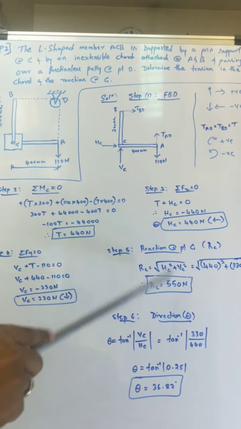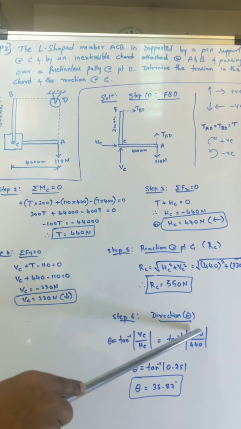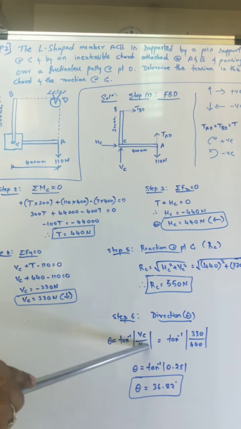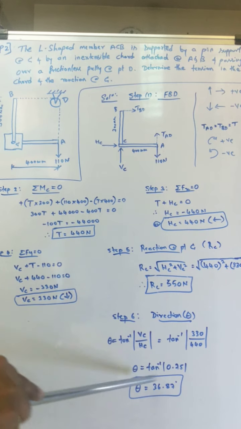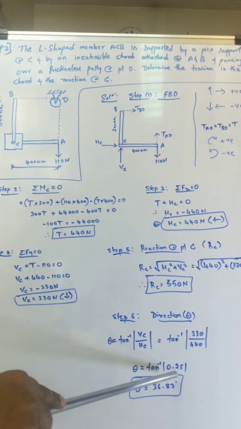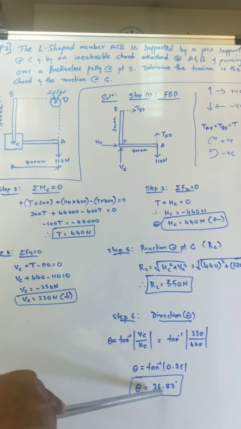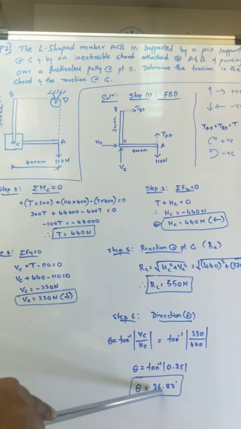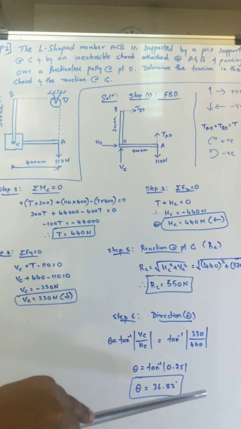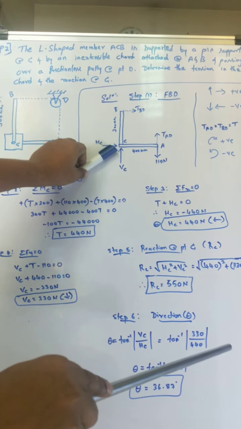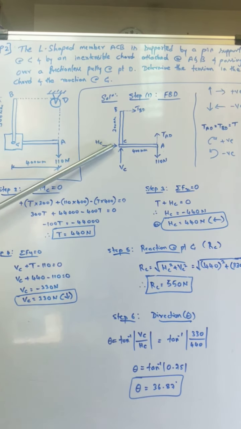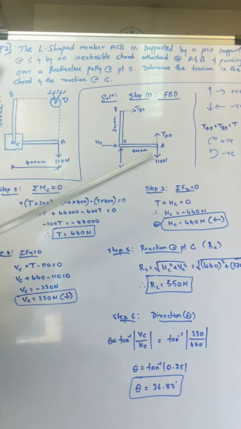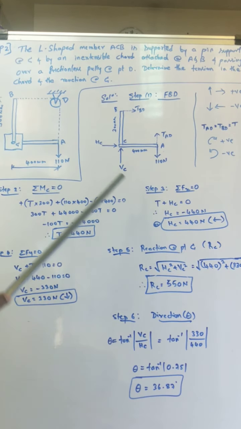Tan inverse of VC value 330 Newton, and the HC value is 440 Newton. So theta is equal to tan inverse of 0.75, or theta is equal to 36.87 degrees with respect to the x-axis.